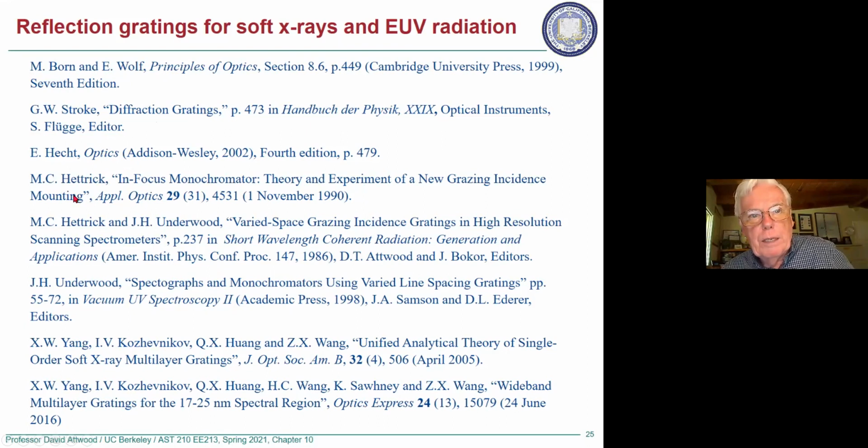And Mike Hettrick played the major role in inventing and designing what are called varied line space gratings, which have these interesting properties. And these are some papers from China, by the way, from Tongji University in Shanghai.